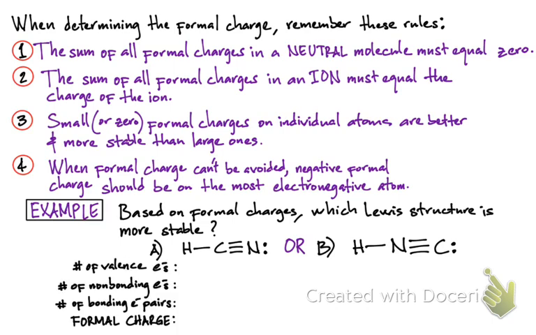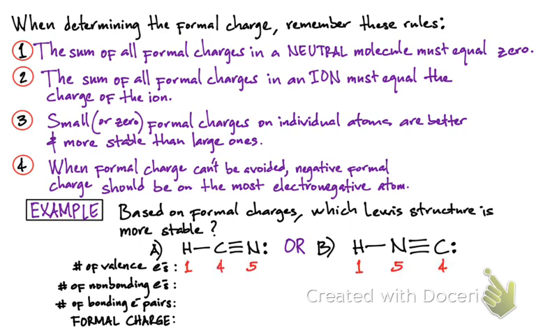So here's the summarized way to determine formal charge. We're going to look at the number of valence electrons for each element, the number of non-bonding electrons around the element, and the number of bonding electron pairs for that element in order to calculate the formal charge. So for hydrogen, it has 1 valence electron, carbon has 4, nitrogen has 5.